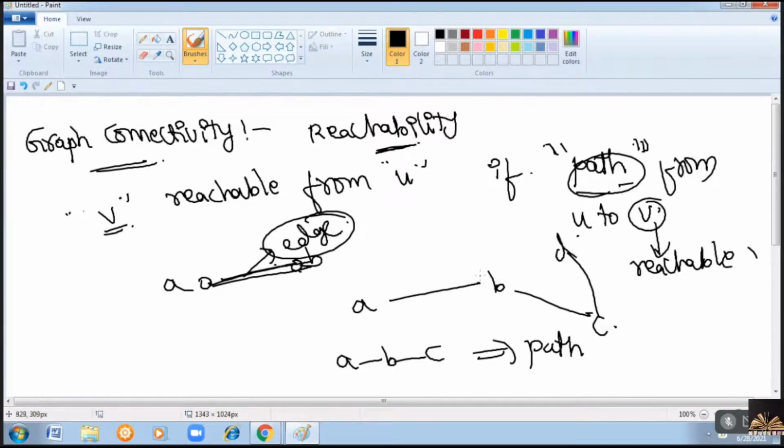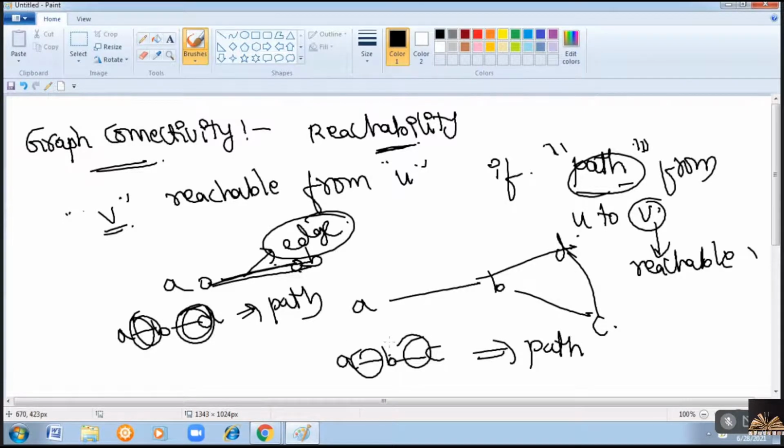Suppose you have it like this, then A to B, B to D, this is also a path. A to B is one edge, B to C is one edge. So if there exists a path from vertex A to vertex B, then we can say that B is reachable from A.